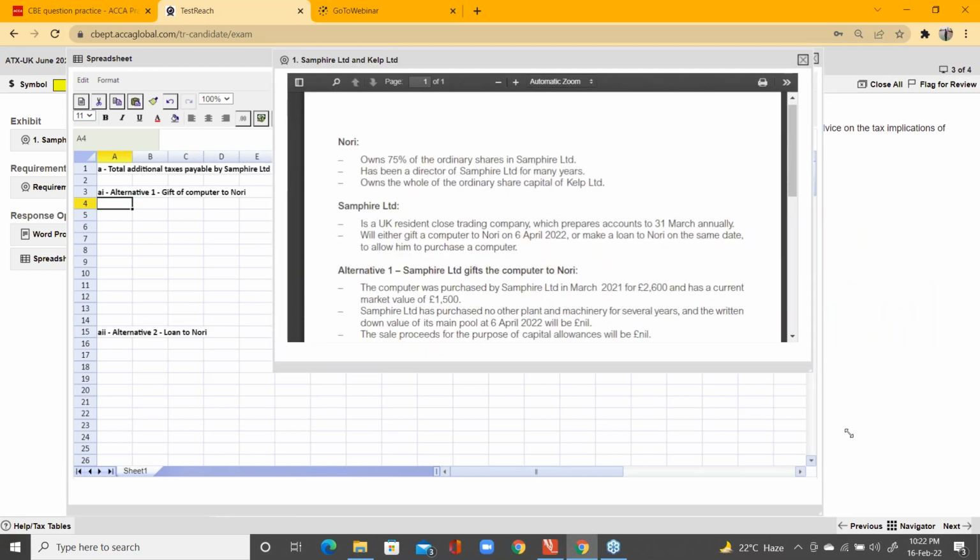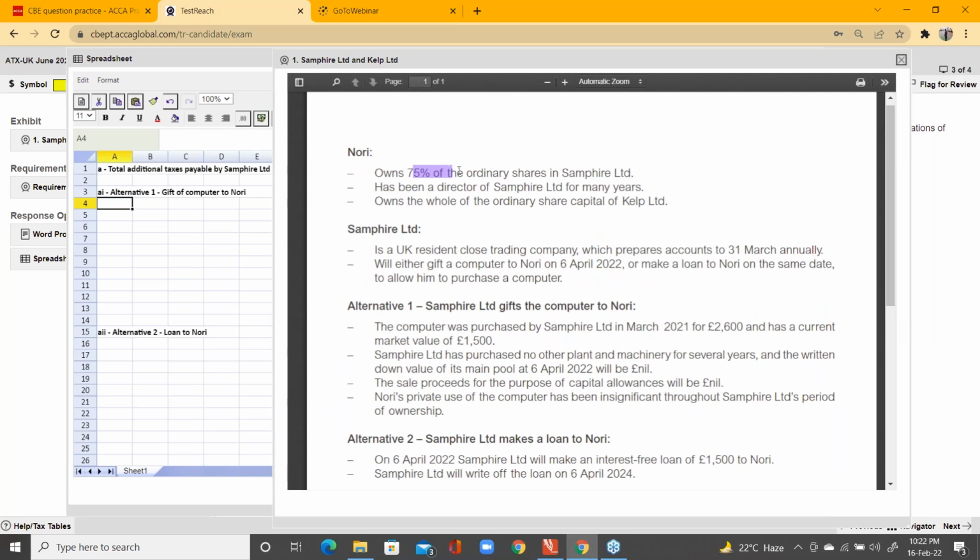It's about the person. N owns 75% of the shares in S Limited. Okay, more than 5% shareholding. N has been a director in the same company for many years. Now from here we have decided the person is not only a shareholder, the person is also an employee in the same company, and also owns the whole of the ordinary shares in Calp Limited.